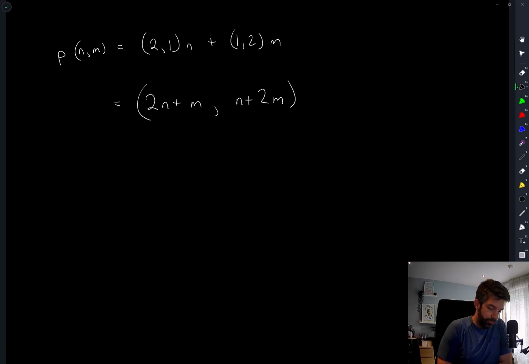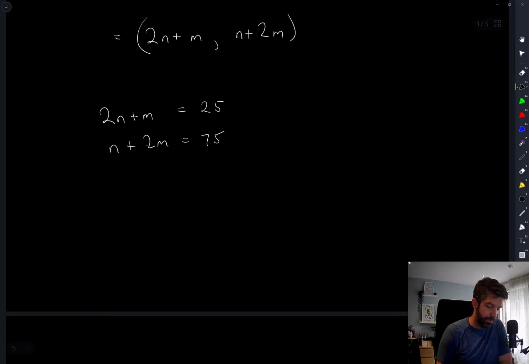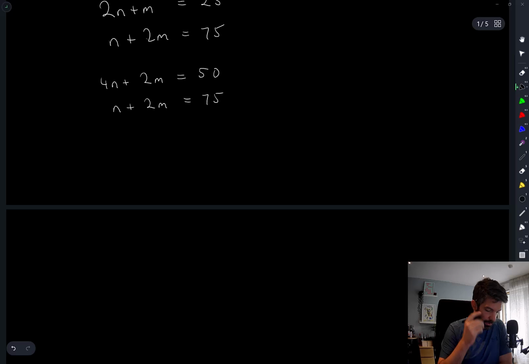Now, can we solve the system of equations 2n plus m and n plus 2m equal to 25 and 75? Obviously, n and m have to be integers. Well, let's multiply the top by 2, and let's do the bottom equation minus the top.